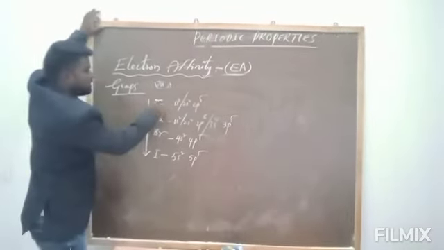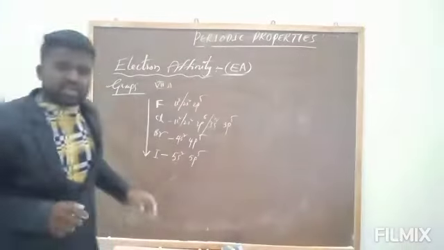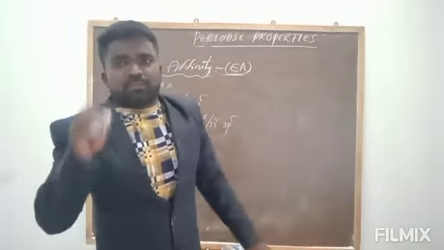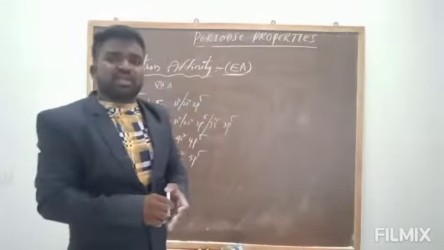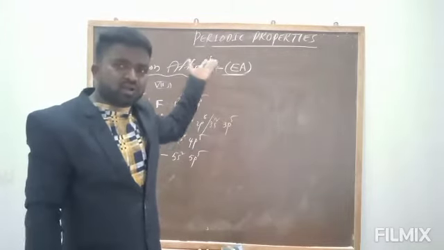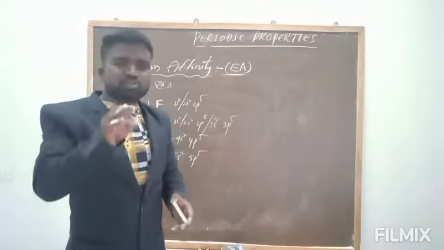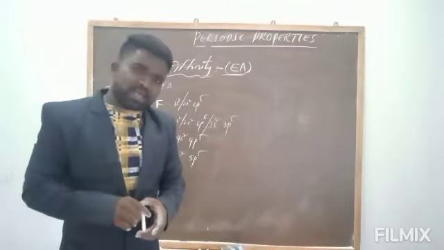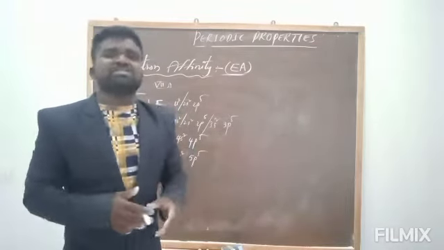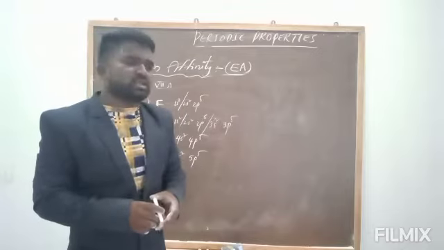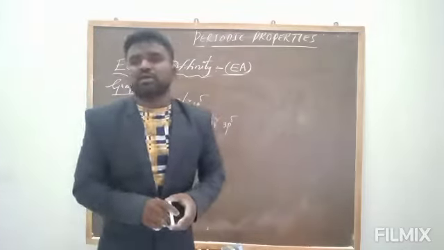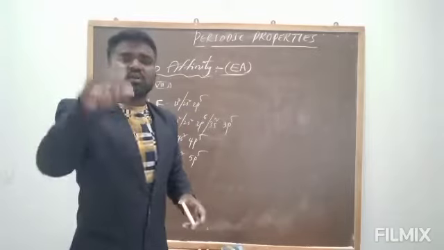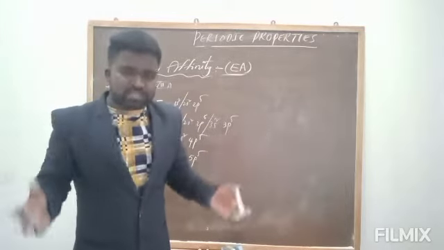But here one condition is there. The element having the highest electron affinity should have more electronegative property as well as more space in its valence shell. Space should be there to release more amount of energy.